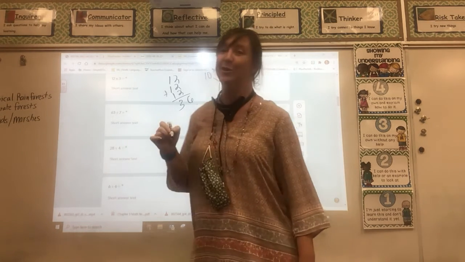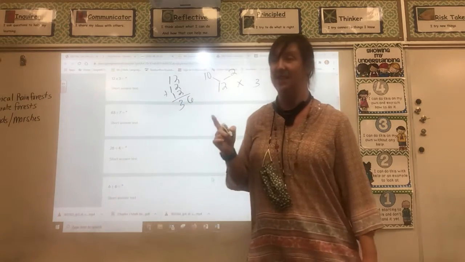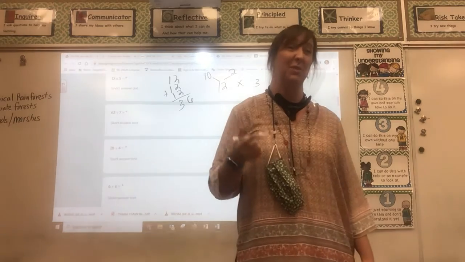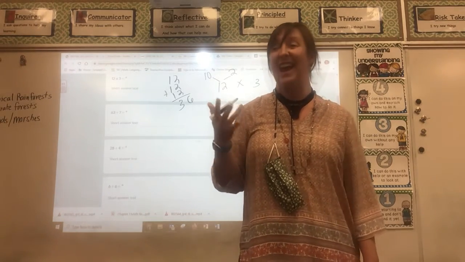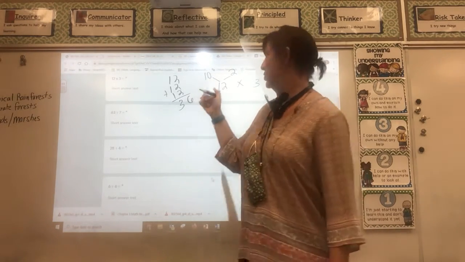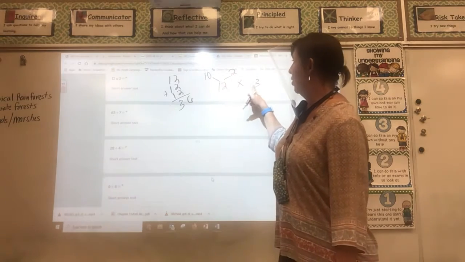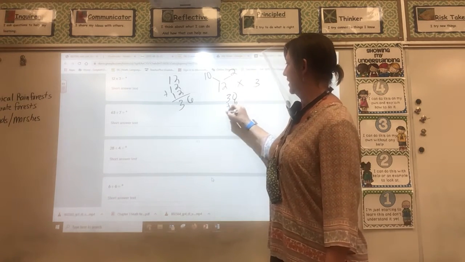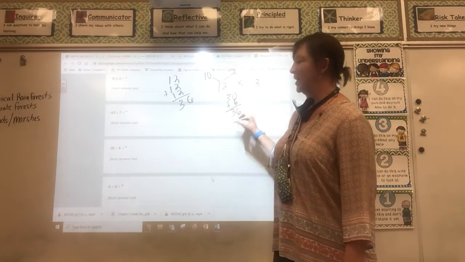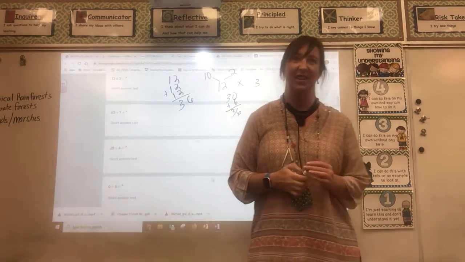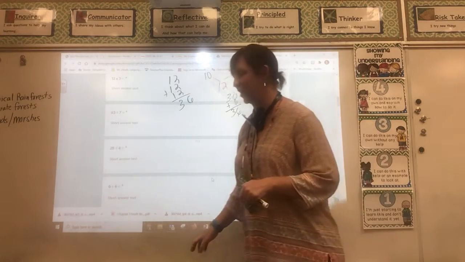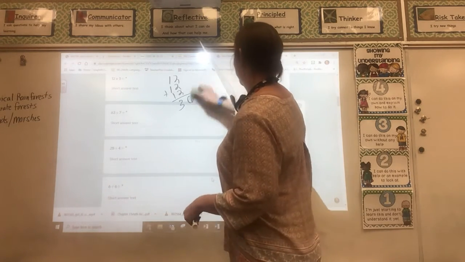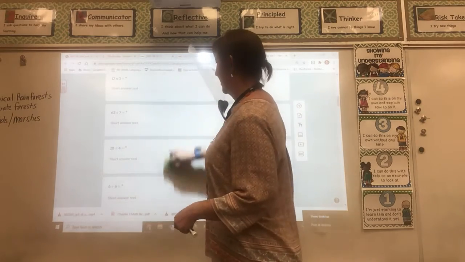That is called the distributive property. It's going to be a property when we learn multiplication, not just associative, commutative, and identity, and 0, but the distributive. We're going to break it apart. 3 times 10 is 30, and 3 times 2 is 6. Does everybody see how we did that? Okay, is there any excuse why you should get your 12s wrong? No. 2 different strategies on how to do that.